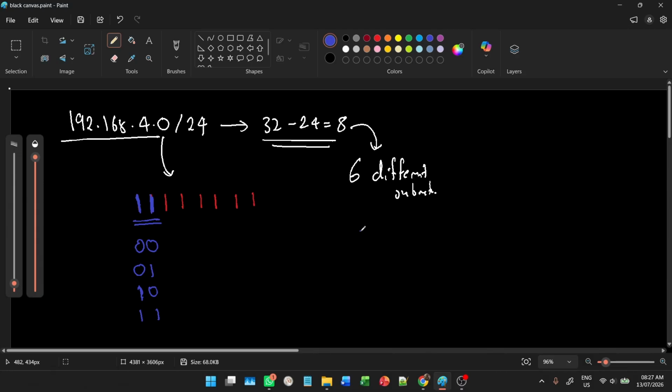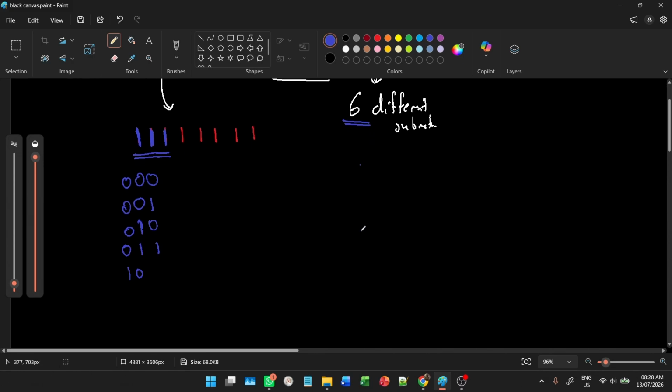But that doesn't give us 6 different values. Did you understand? That doesn't give us 6 different values because we need more addresses. So we take in this one as well. Now we have 0, 0. I want you to imagine that this goes something like this, right? 0, 0, 1, 0, 1, 1, 1, 0, and 1, 1, 1. Now we have 8 different blocks.